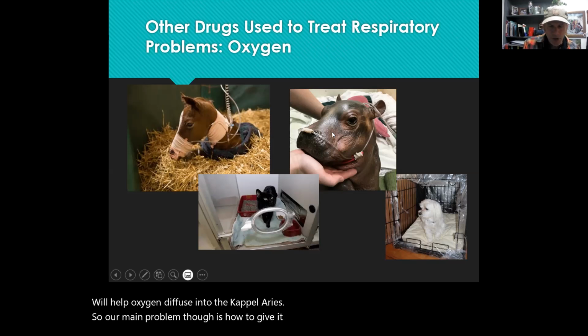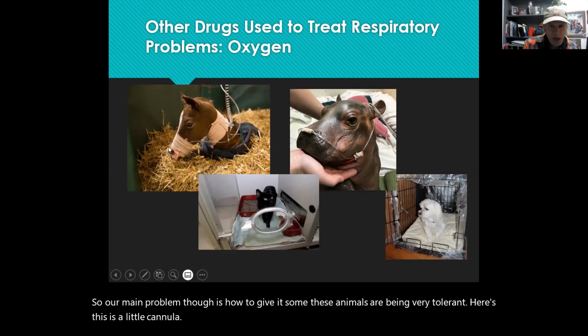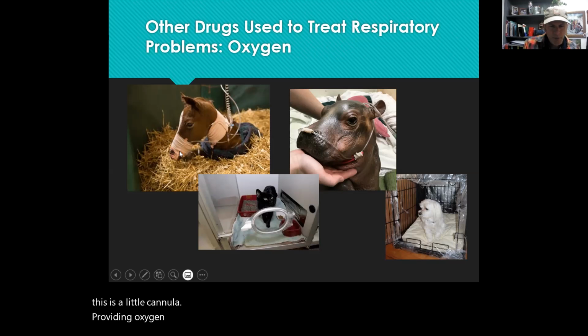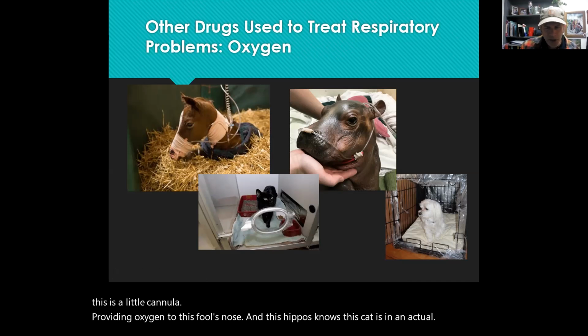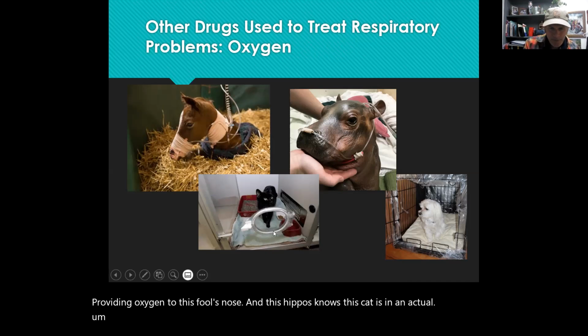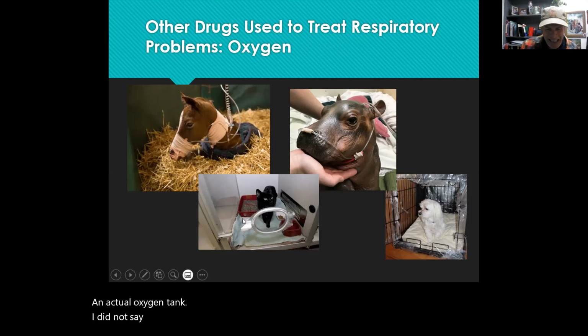These animals are being very tolerant. This is a little cannula providing oxygen to this foal's nose and this hippo's nose. This cat is in an actual oxygen tank. I did not say fool's nose, I said foal's nose.